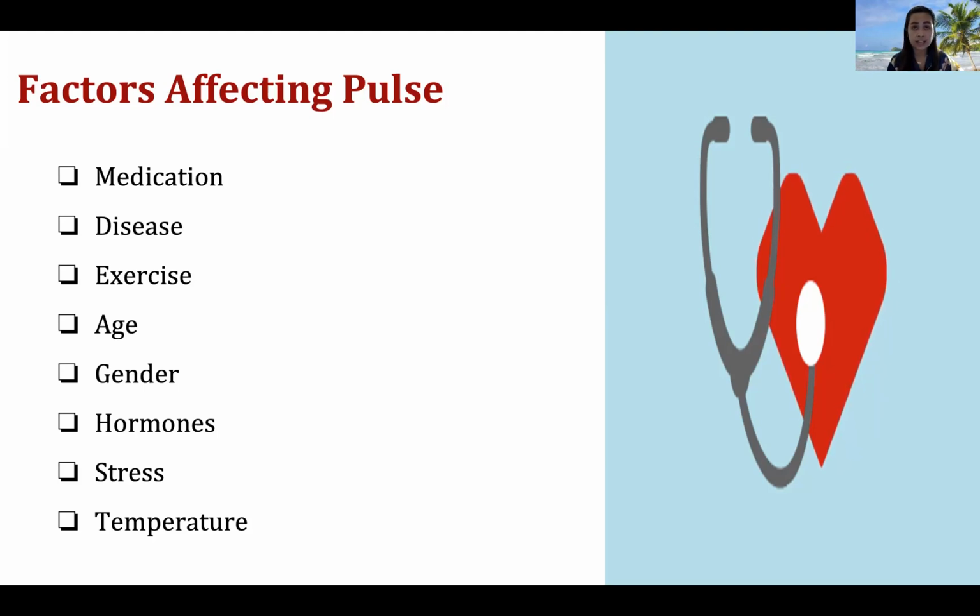Also, digitalis or digoxin will decrease your pulse. So before giving this to any patient, you should first check the pulse rate. Because if, for example, your adult patient's pulse rate is 50 and you give this medication, it will drop the pulse rate even more.